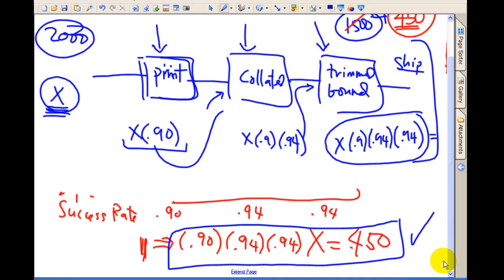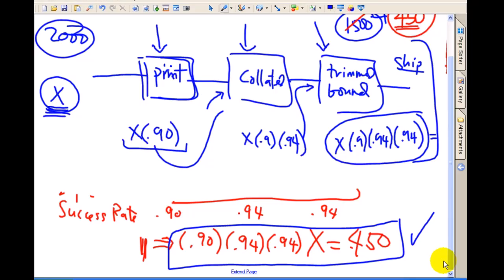What is the consequence when you have a process, a phase, that is very unreliable? Let's say that printing is unreliable, that your success rate is actually less than 90%. You start more, right? Your cost is higher.